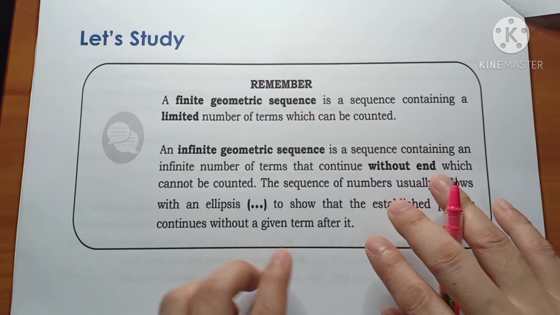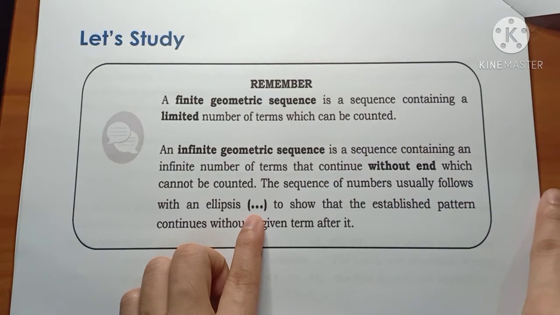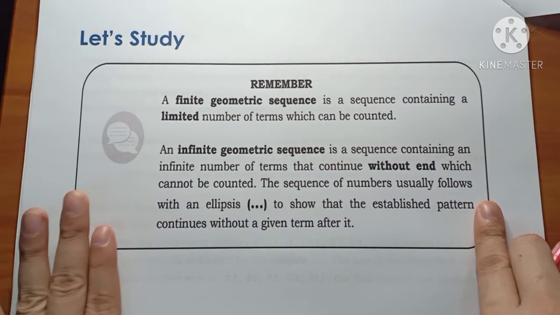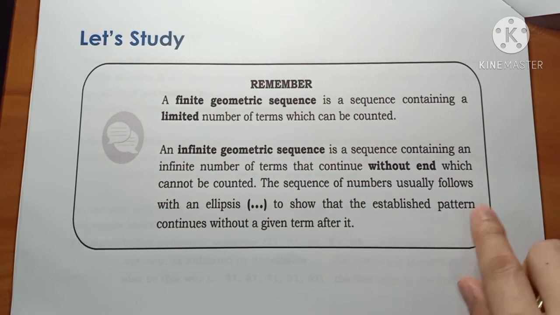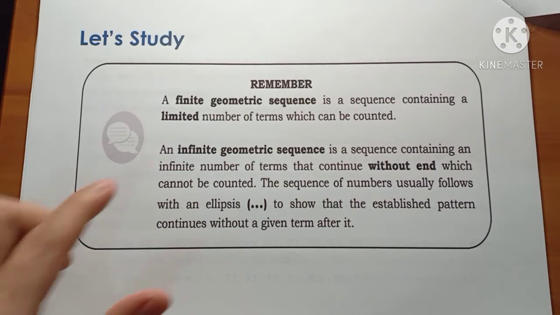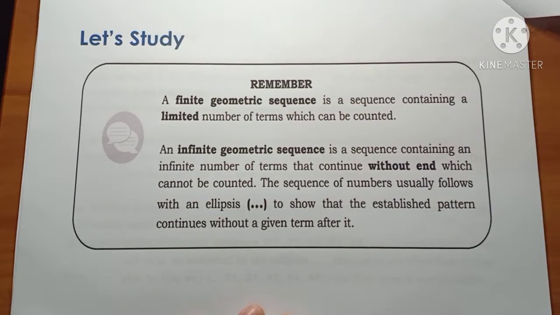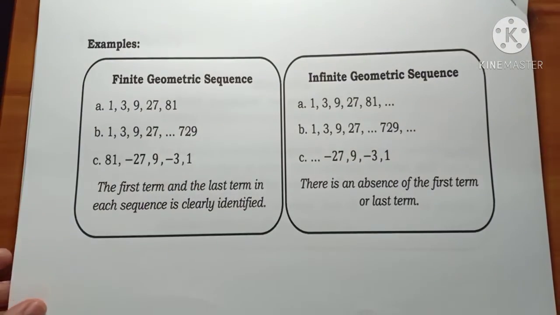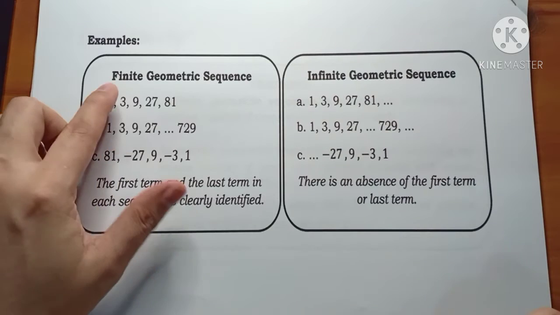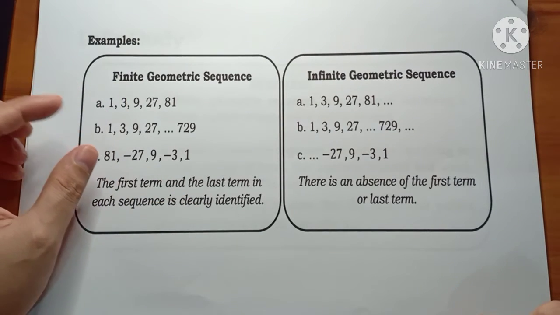So, again, ang ellipsis ay pwedeng ilagay sa umpisa at pwede rin sa dulo para malaman natin na siya ay infinite geometric sequence. So, para lang siyang finite arithmetic at infinite arithmetic, pero ngayon naman ay finite geometric at infinite geometric sequence. Now, punta tayo sa ating example. So, paano natin masabi na ito ay isang finite geometric sequence?